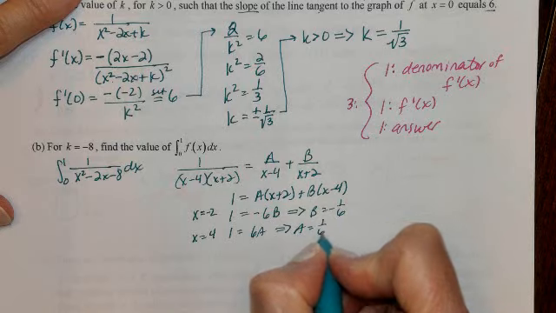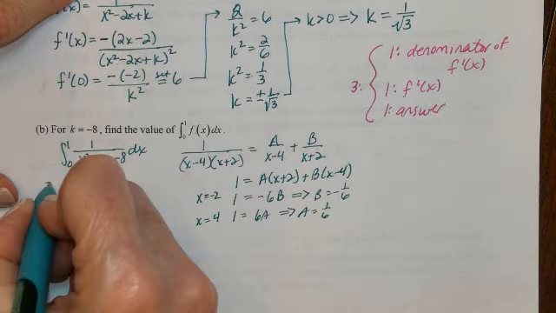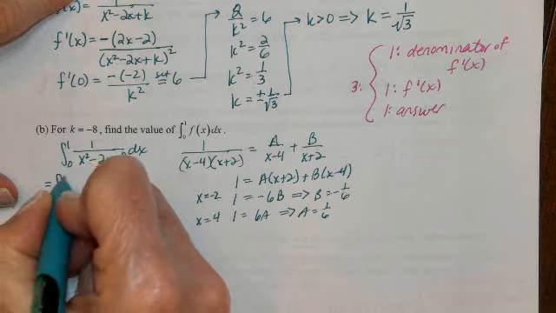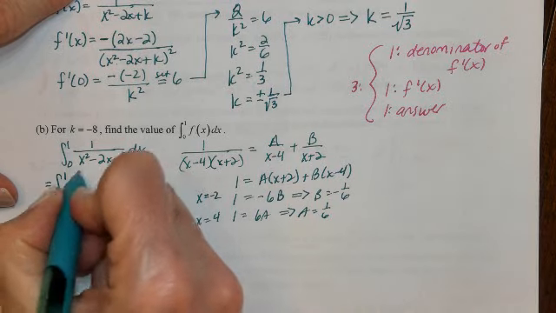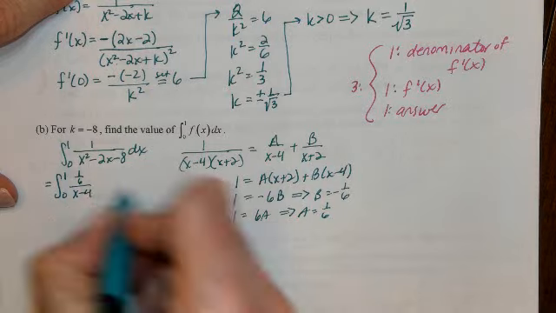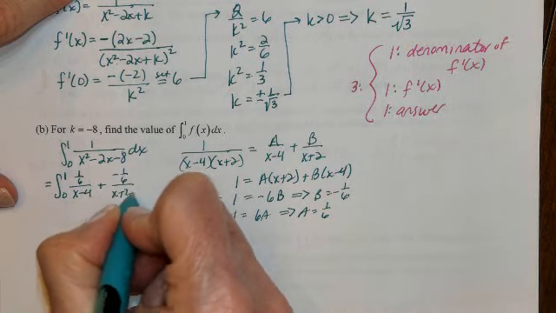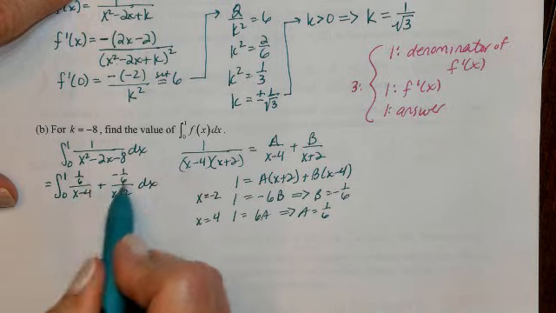So a is positive 1/6. So my integral becomes the integral from 0 to 1 of 1/6 over x minus 4 plus -1/6 over x plus 2. Now these two antiderivatives are natural logs.